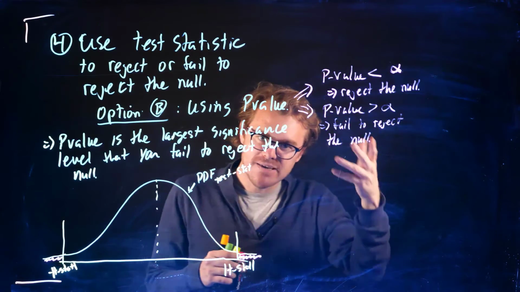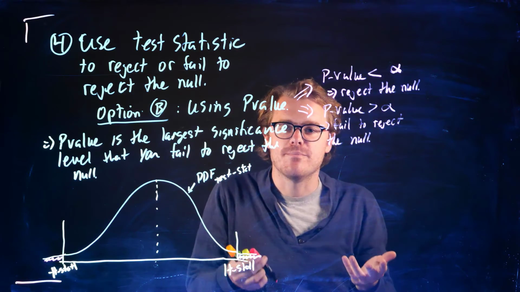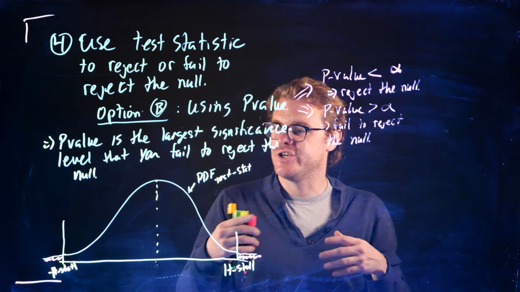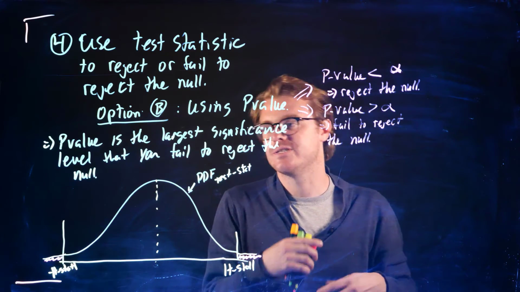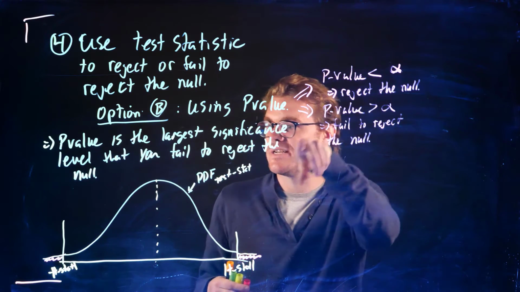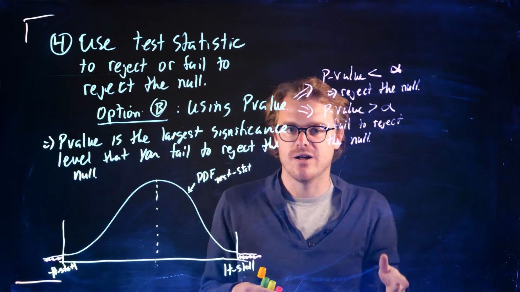Now notice that this p-value gives us way more information than just using the critical values to reject or fail to reject the null. It's actually telling us the largest significance level that we'll fail to reject the null at.